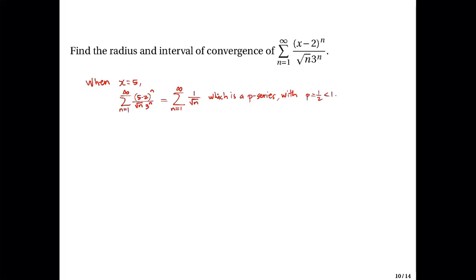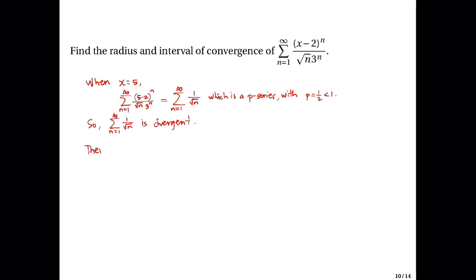So that series is divergent. So this series 1 over square root of n, n runs from 1 to plus infinity, is divergent.